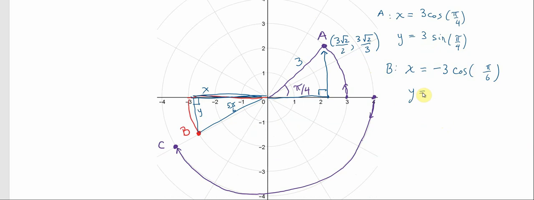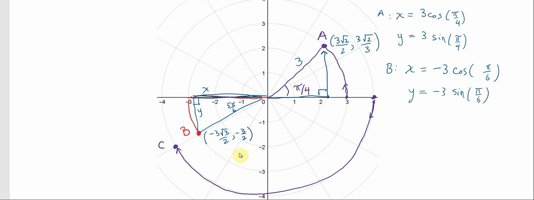And Y is negative 3 sine of pi over 6. Okay. So cosine of pi over 6 is root 3 over 2. So this coordinate here is negative 3 times root 3 over 2. And sine of pi over 6 is 1/2 times 3. So that's negative 3/2. Okay?